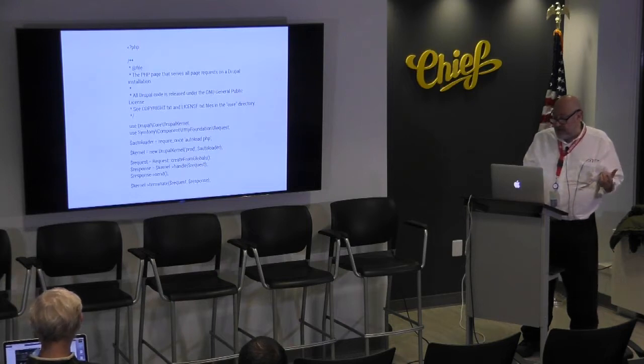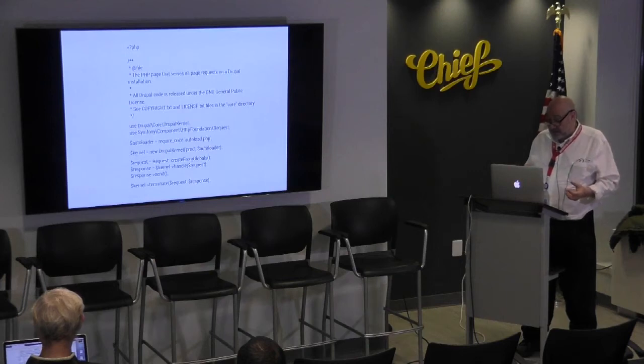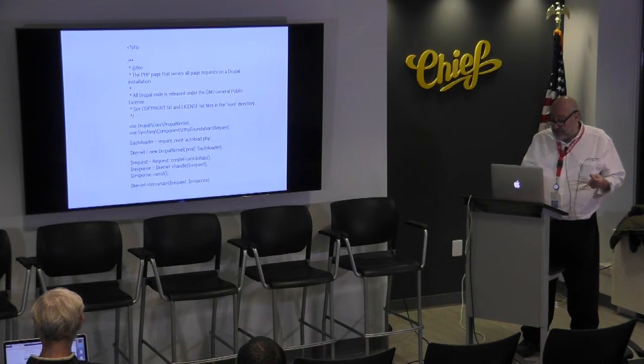It's a variable, and we use that class, that PHP code, to build a variable that has all the pieces in it that we're going to use to generate this page.